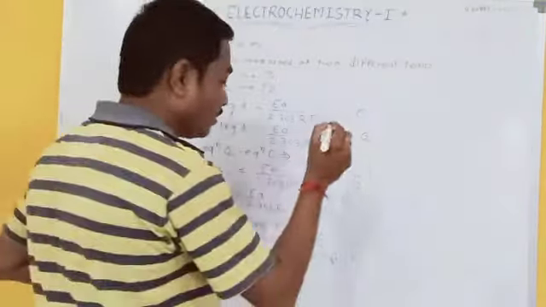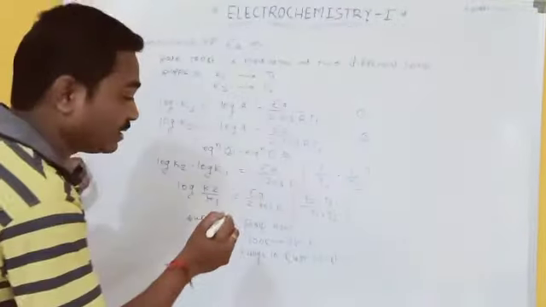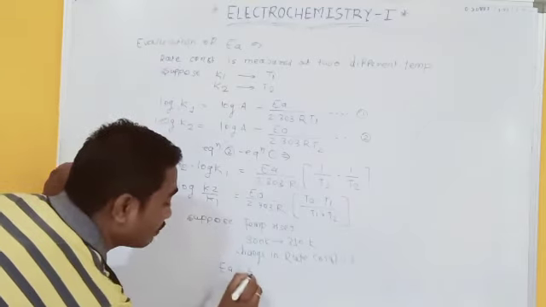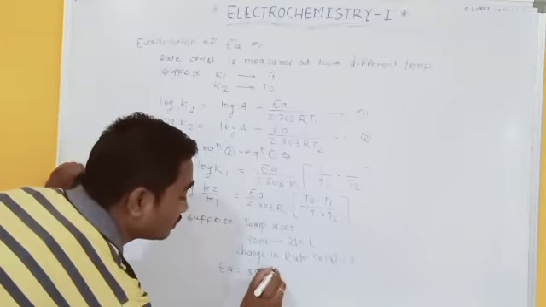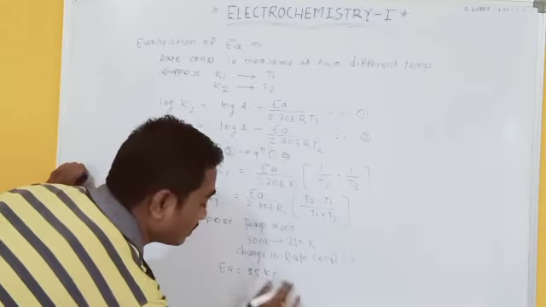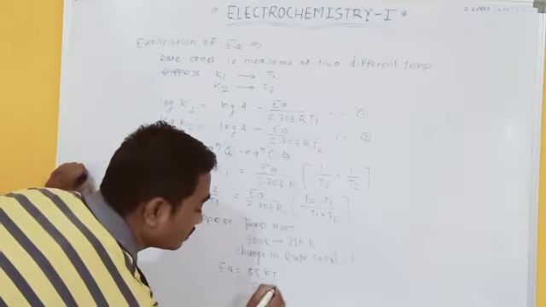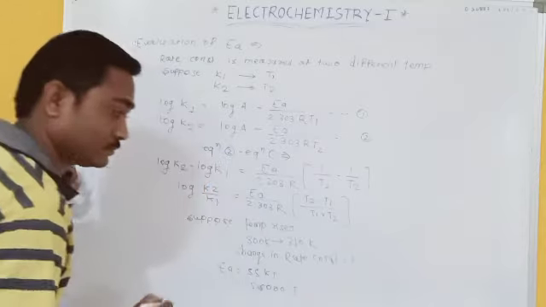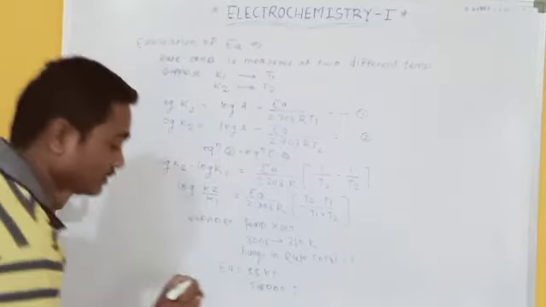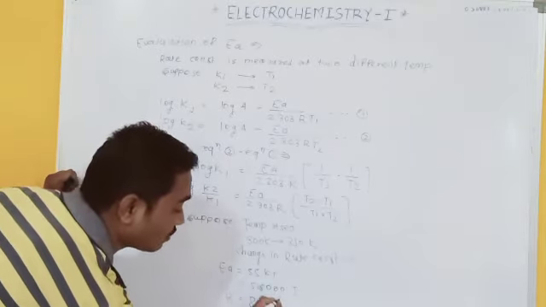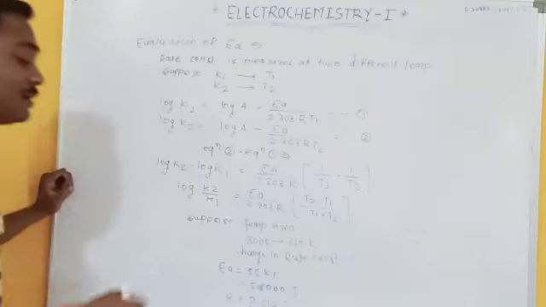Generally we take the value of activation energy as 55 kilojoule, that is 55,000 joule. This is the activation energy. We know that the value of R is 8.314 joule per Kelvin per mole.